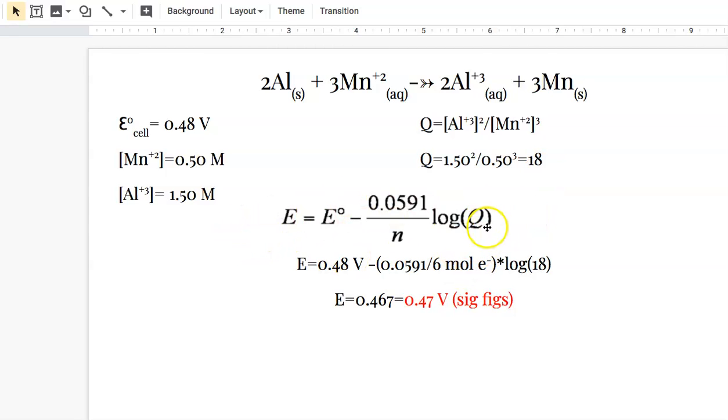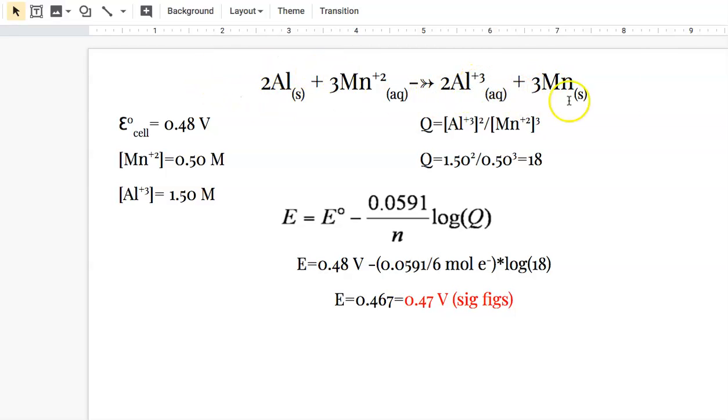Here's our Nernst equation. So we'll say E equals E naught, 0.48, minus 0.0591. Now here we're moving 6 moles of electrons, because if you look, 3 times a plus 2 charge means that's 6 electrons over here, right? And 2 times a plus 3 charge means there's also 6 electrons over here.